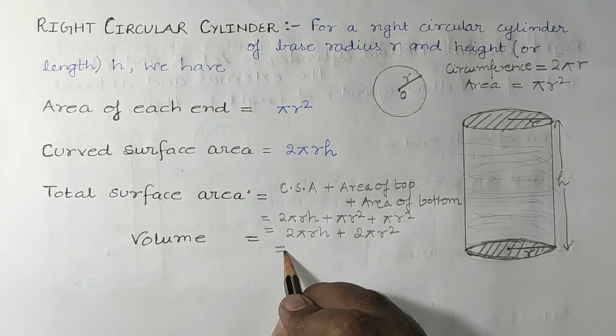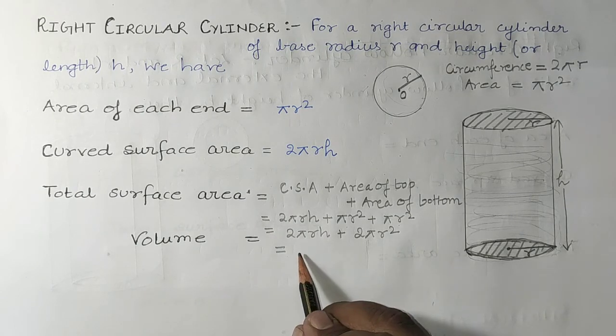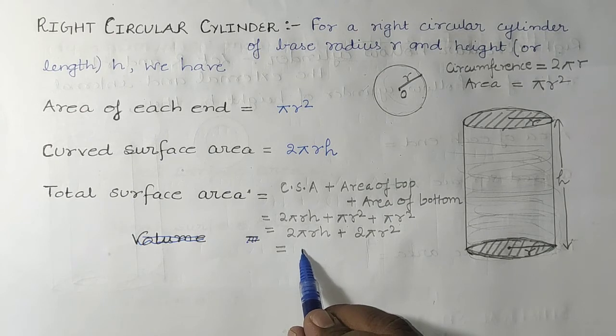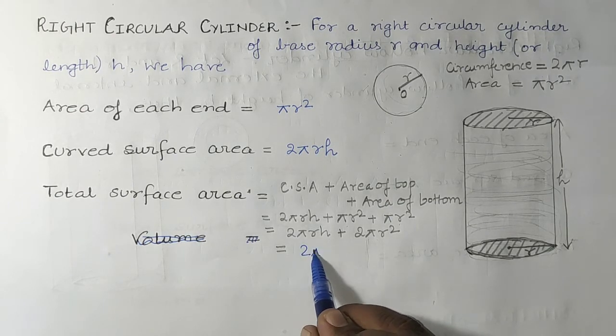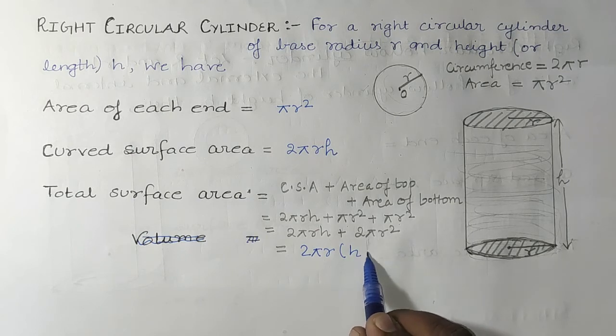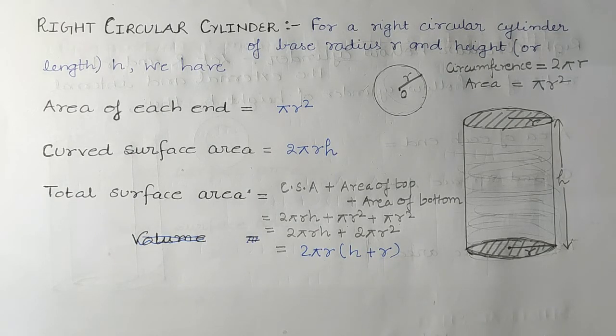By taking 2 pi r common, you will get h from here and r from here. So this is the formula of the total surface area of a cylinder. Students, how have we found this formula?